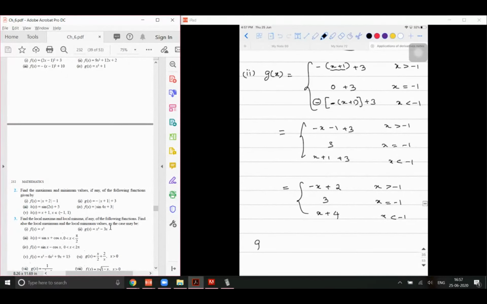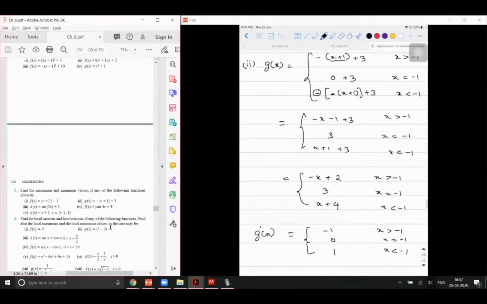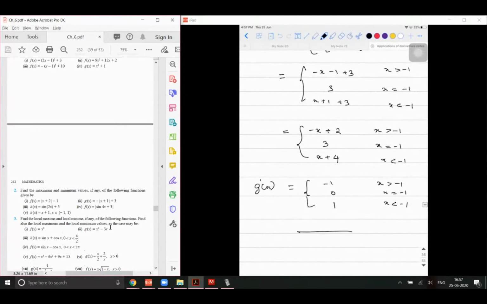Okay. So this is g of x. Then what is g dash of x? So g dash of x would be minus 1, 0 and plus 1 for x greater than minus 1, x equal to minus 1, x less than minus 1. So minus 1 is the checkpoint.